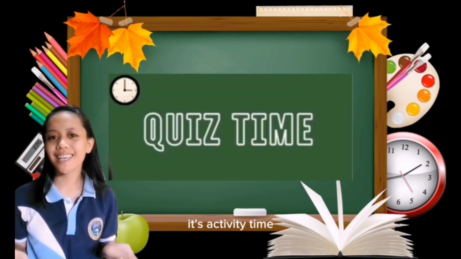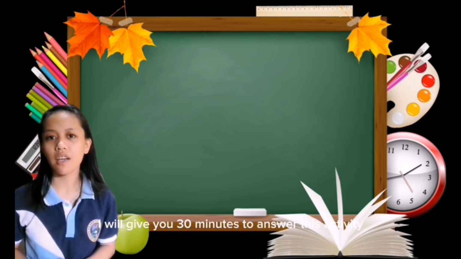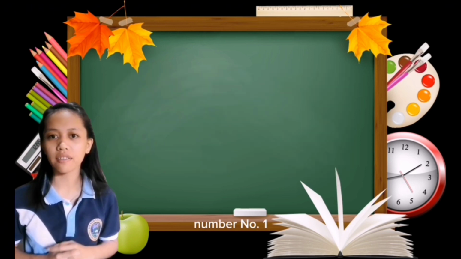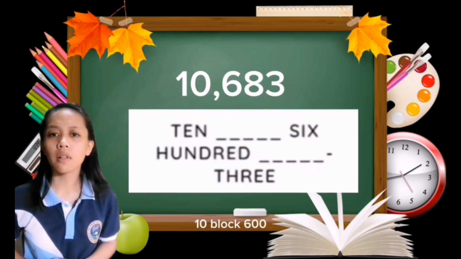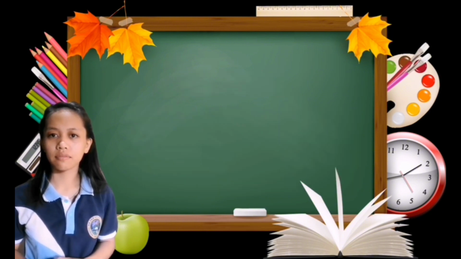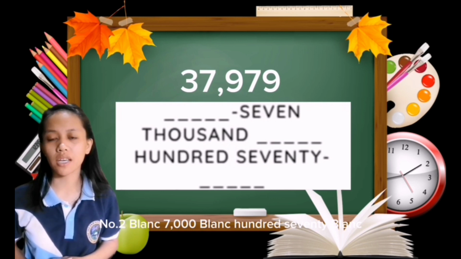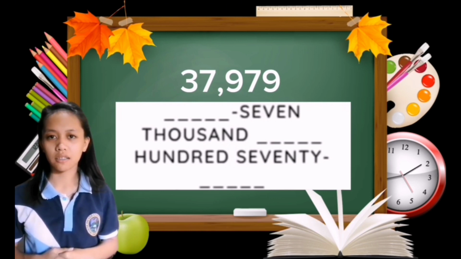It's activity time. I will give you 30 minutes to answer this activity. Write the following missing word number. Number 1. 10 blank 600 blank 3. Number 2. Blank 7,000 blank 170 blank.